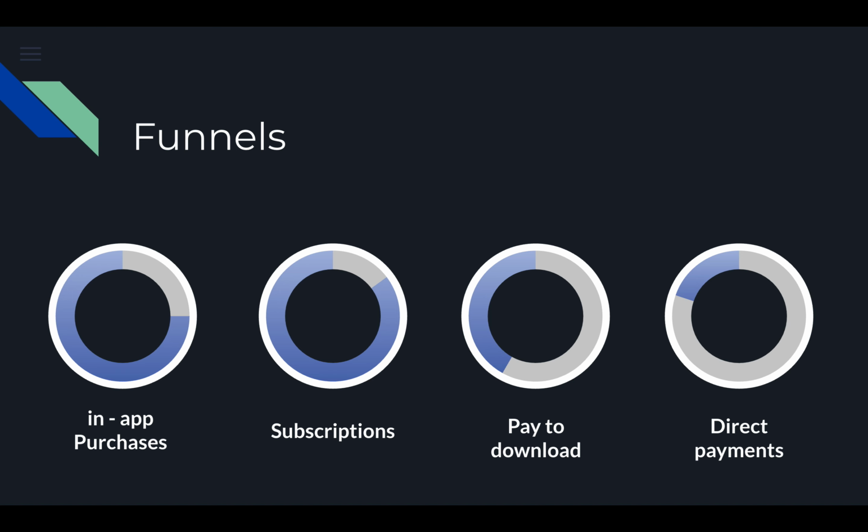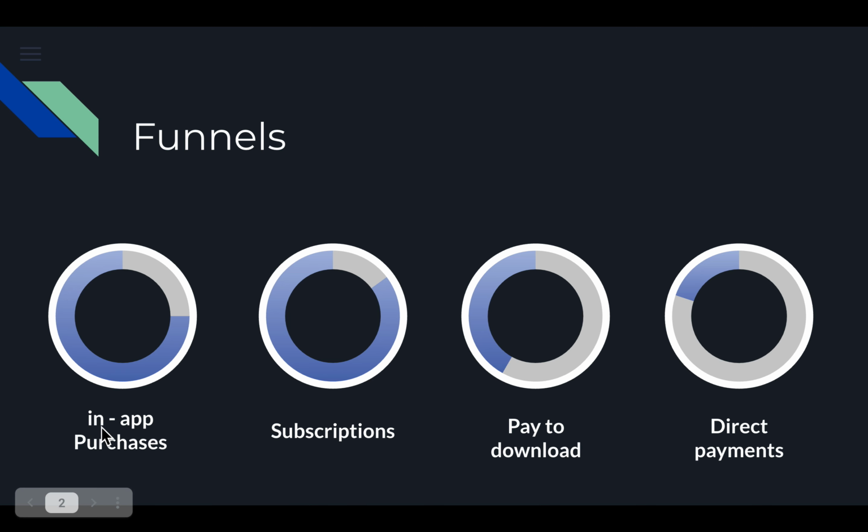So the first way to make money from apps, as you can see, is through in-app purchases. There are four main ways, and this applies to both Android and iPhone. They all offer in-app purchases, subscriptions, pay to download, and direct payments.